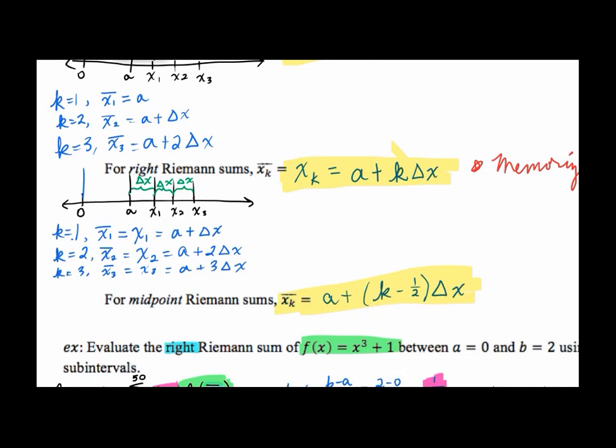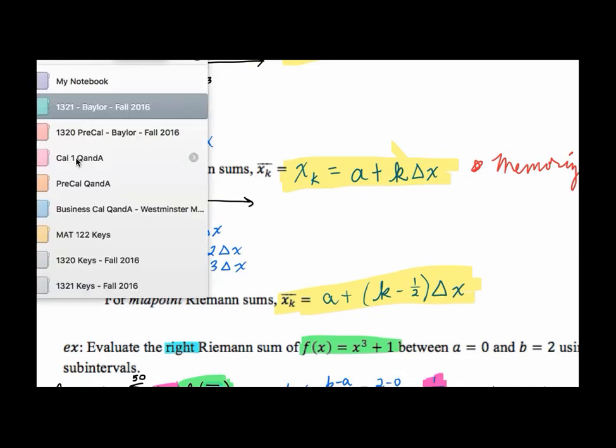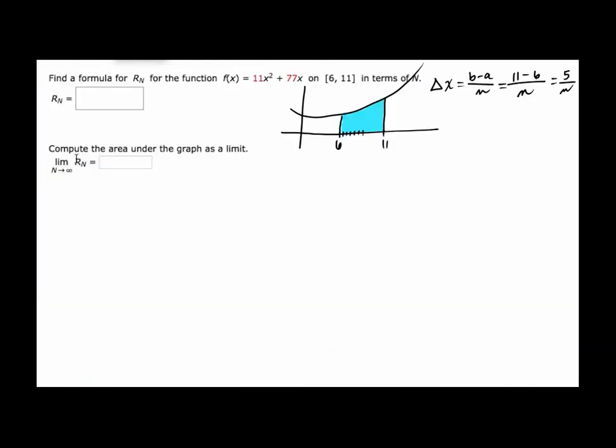So, going back to here, okay, we're doing a right Riemann sum, which implies that xk bar is equal to a, which is 6, plus k times delta x, which is 5 over n. And the height of the rectangle is actually f of xk bar.